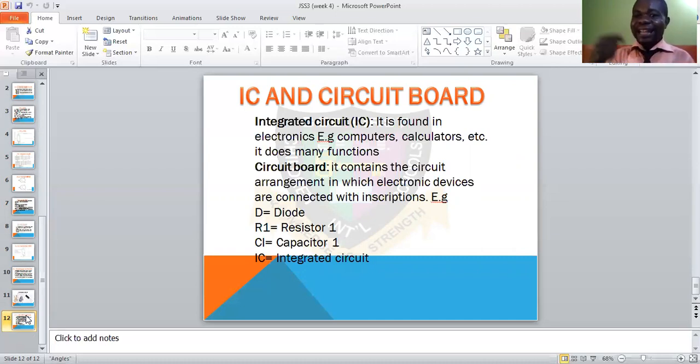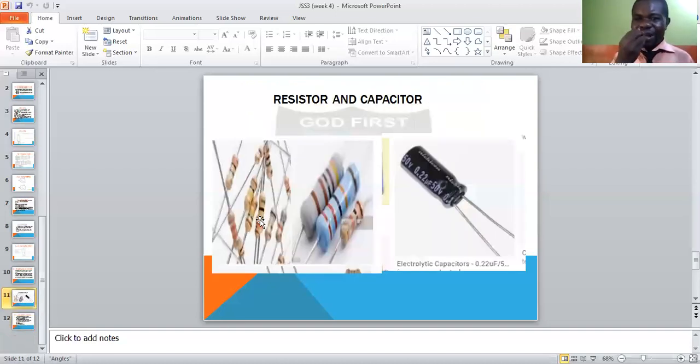I've just discussed the IC in the course of explaining the capacitor and the resistor. It looks like the resistor, but it melts and you begin to feel the odor. That is for the IC.